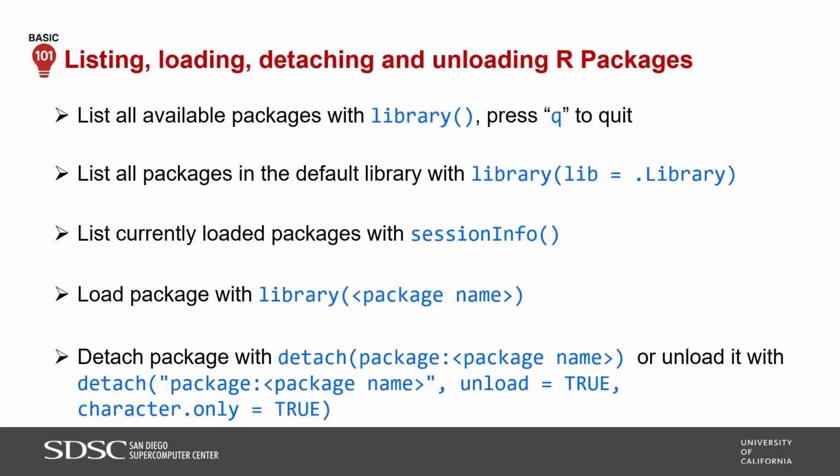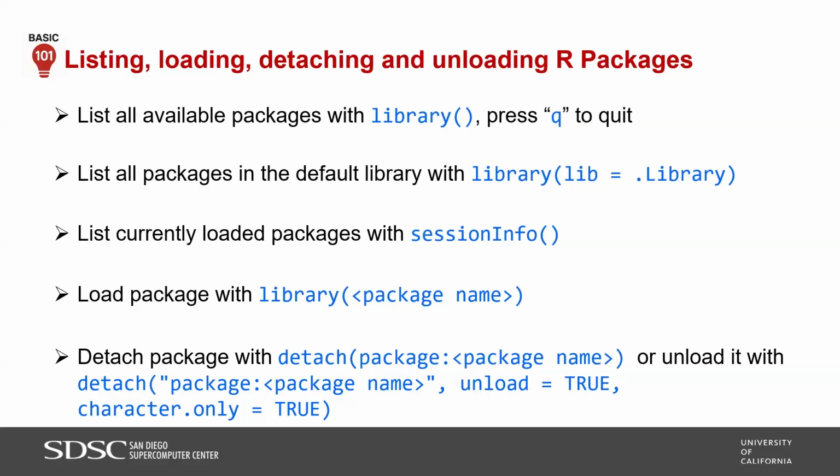Now here are some basic 101 commands you probably have known for a long time if you're using R. You can run the library function to check all available packages you have in your R. And if you want to check the default library, you can add the option with .library. If you want to know the currently loaded packages, you run the session info.